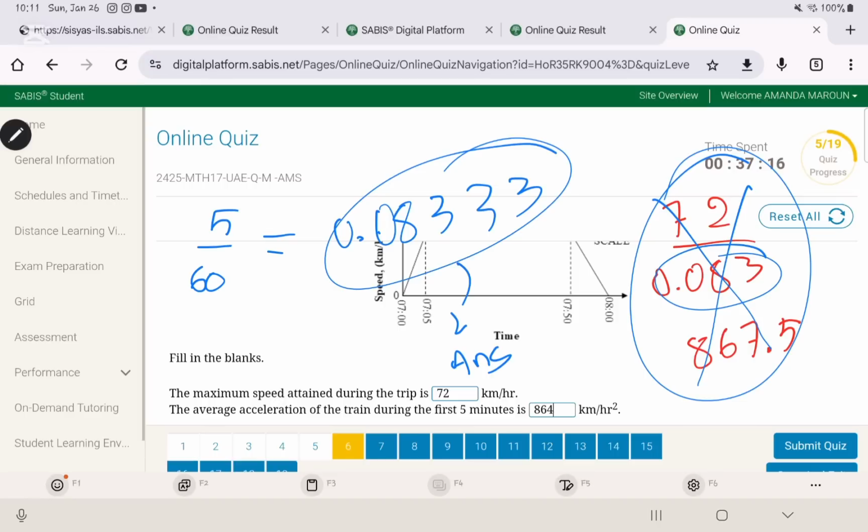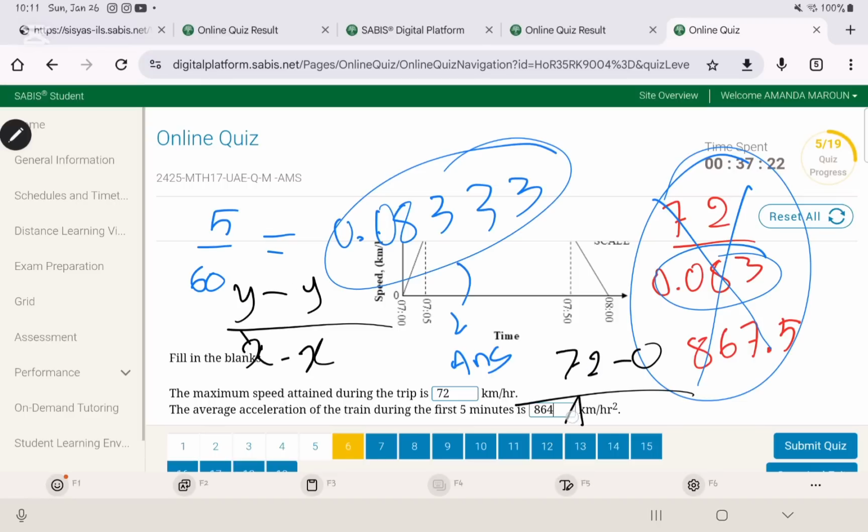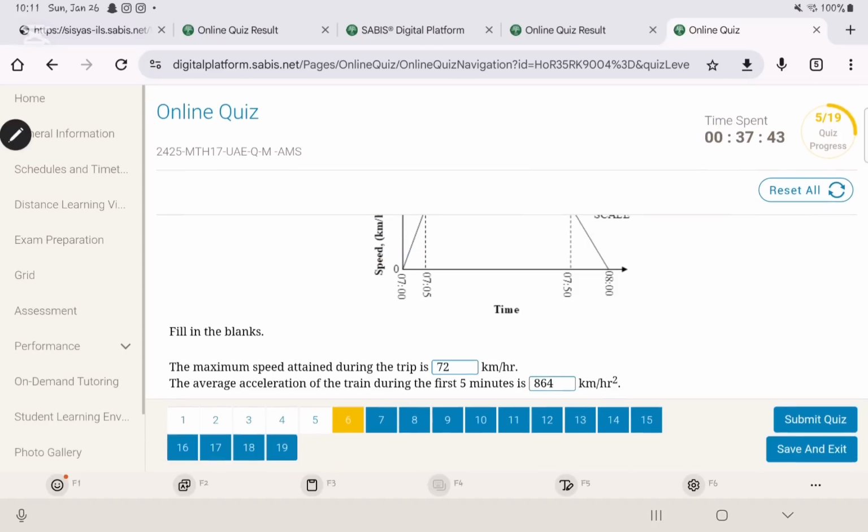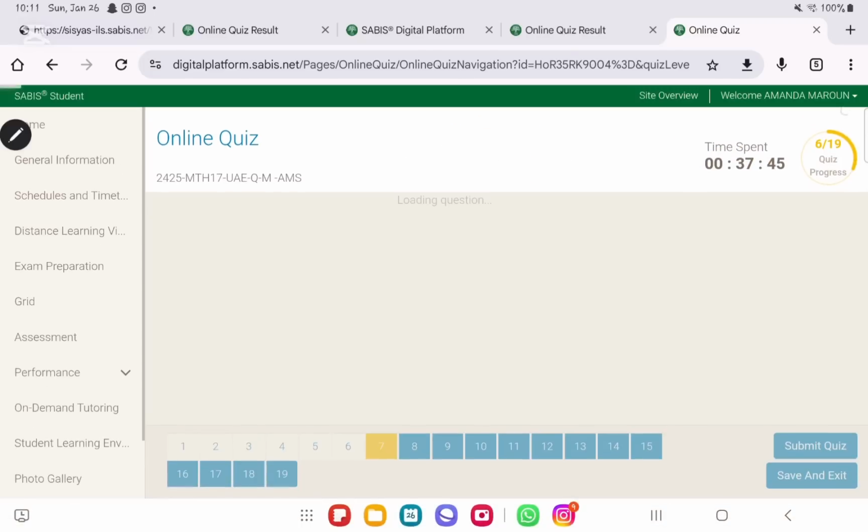And then on the paper, you can write y minus y over x minus x. You will get 72 minus 0 over answer on the calculator minus 0. And you are going to get an exact answer of 864. Whereas if you rounded it, okay, you would get 867.5. So it's preferable to use the answer exactly as it is, okay?